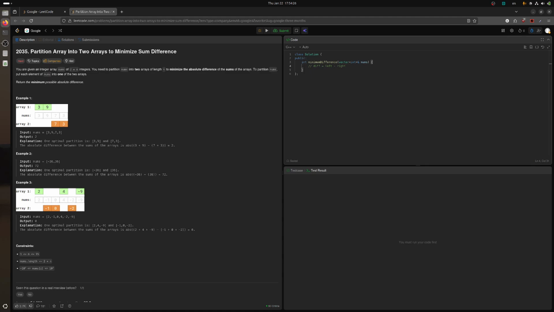and if we could find the closest number to minus diff, that's what we need to do. So let's compute, let's see.